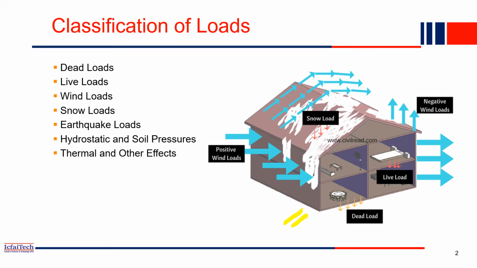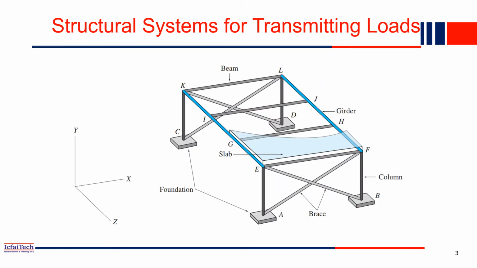Now we'll see each category in detail, one by one. First, we'll discuss how loads are transmitted from top to bottom. I'll demonstrate here. If you see a frame of a structure, at the top you have a roof.